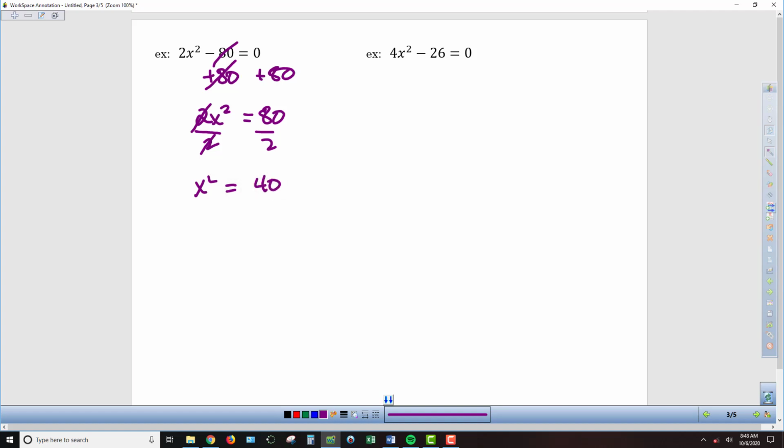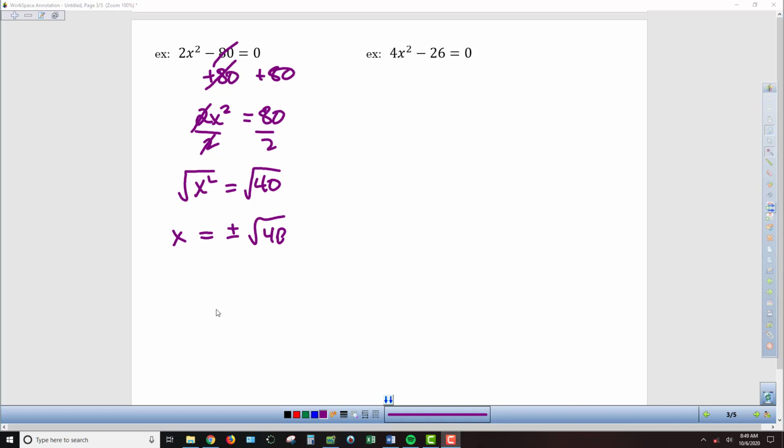So now I'm going to take the square root of both sides. So I get x equals, and now I have plus or minus square root of 40. Still need that plus or minus, but now I need to try to simplify that square root of 40.